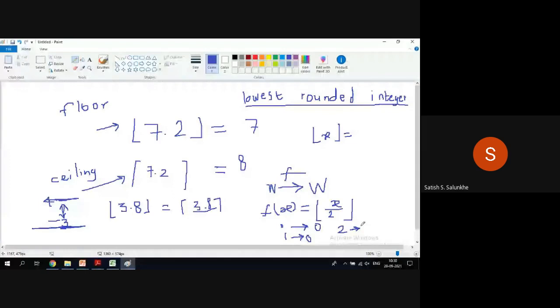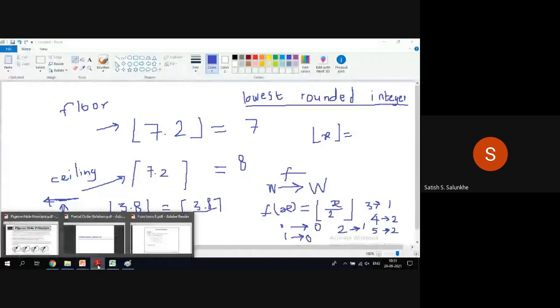F of 2 is equal to 1. 3 is mapped to 1. 4 is mapped to 2. 5 is mapped to 2. So this is just a snapshot. You can take n number of instances.